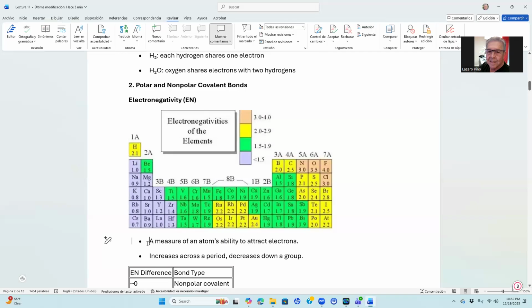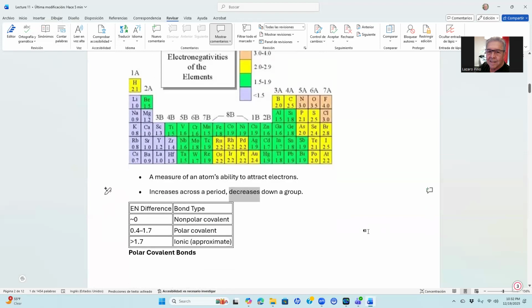Then let's continue. Electronegativity is a measure of an atom's ability to attract electrons. It increases across a period and decreases down a group. EN difference and bond type: when the difference of electronegativity is 0 or very close to 0, the bond is nonpolar covalent.